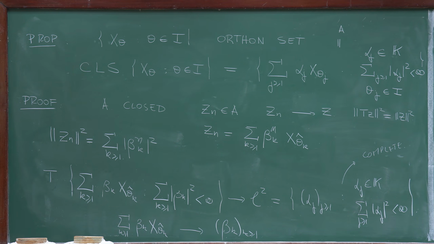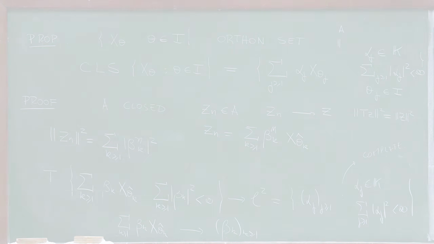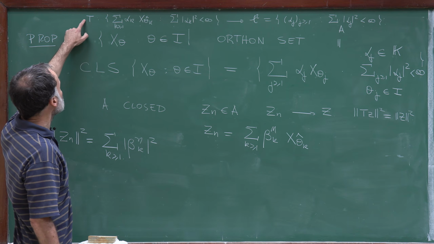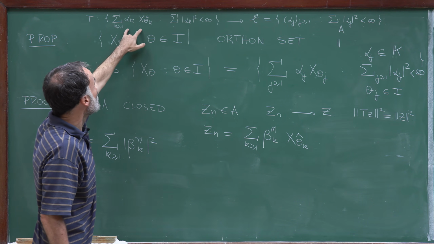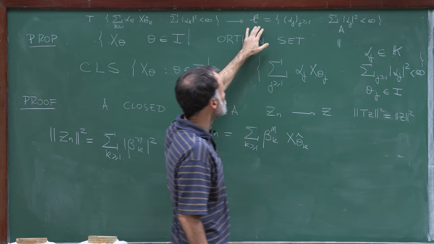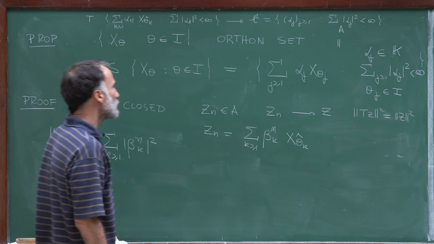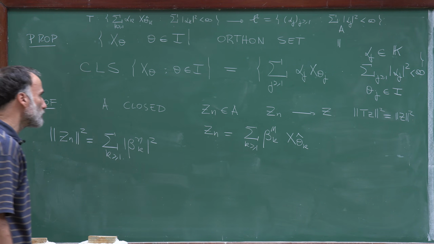So it's an isometry, and therefore we will play with this isometry in order to show that the set A is closed. I'm running out of space, so this is why I wrote here T, our map from this space to L2. We proved that it's an isometry, and with that I want to conclude the argument.